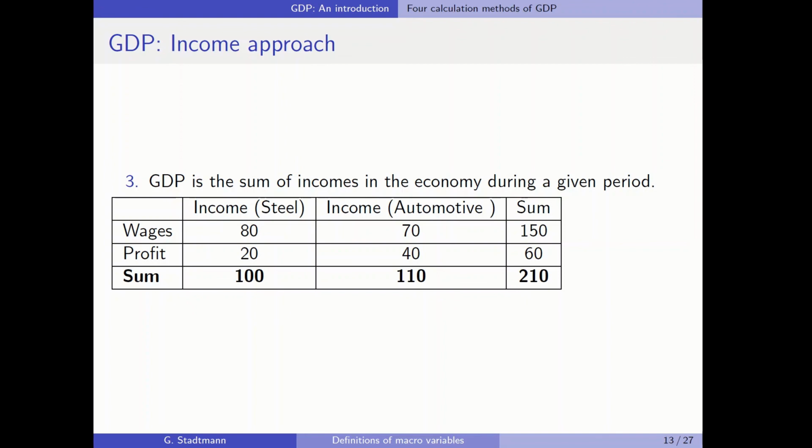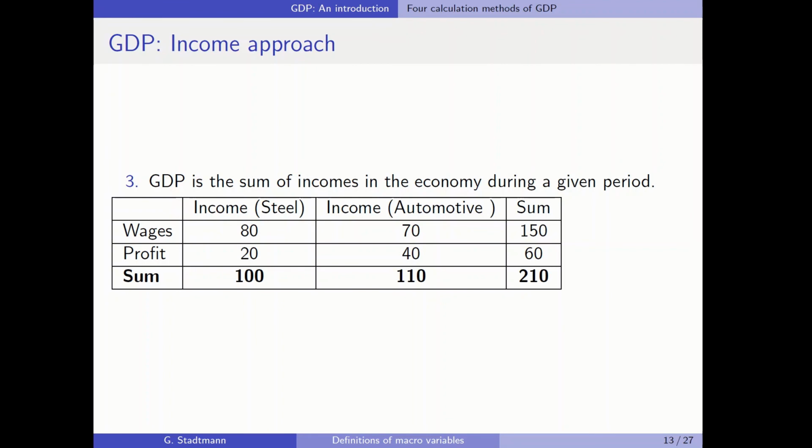This definition is sometimes a little bit problematic for students. When they talk about income, they only think about wages because this seems to be the major source of income for students. But profit is also a source of income because this is the income for the factor capital.